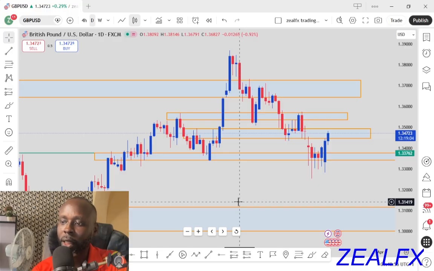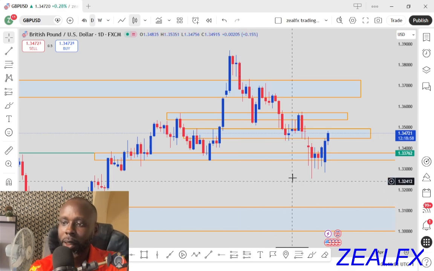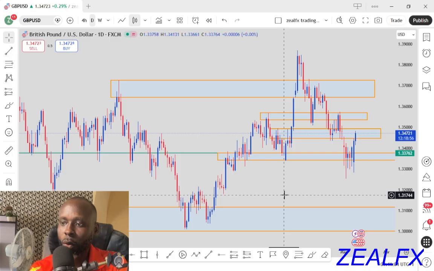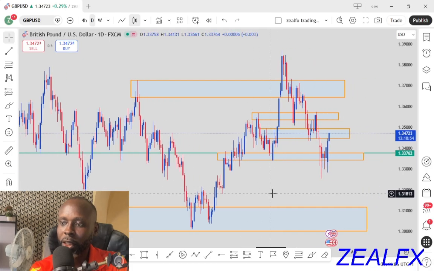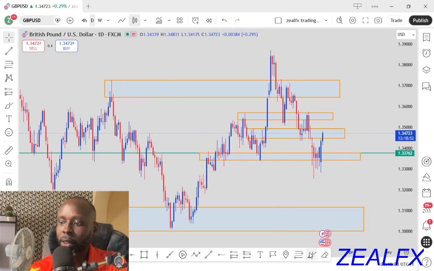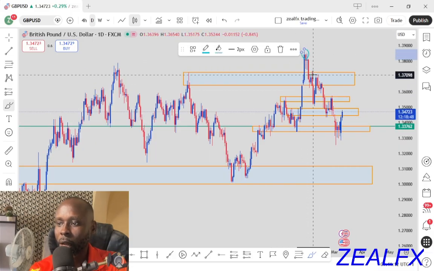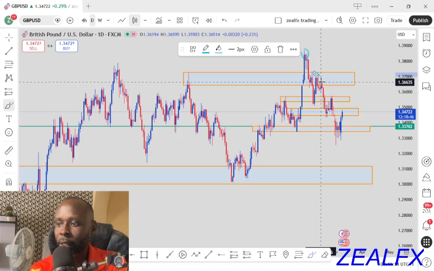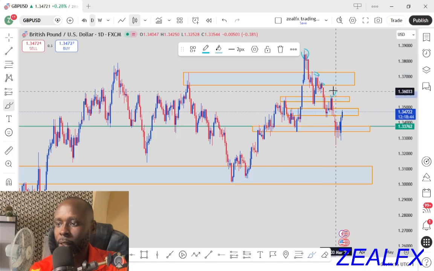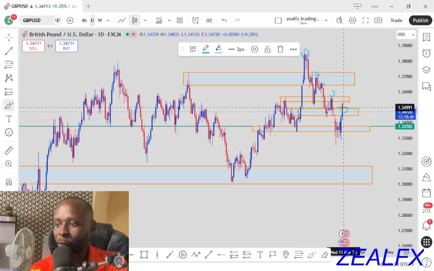So let's get started. On my daily chart, we can see the current trend of the GBP/USD. We still have this inner structure trend, where we have this higher high, then this lower high, and this lower high. Price is creating another lower high now.